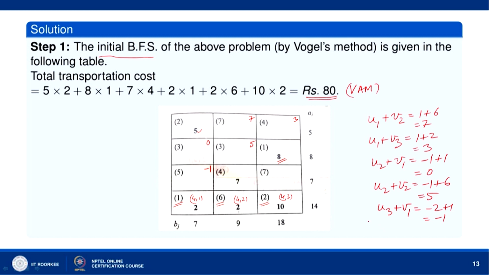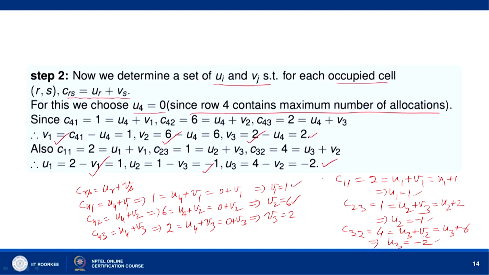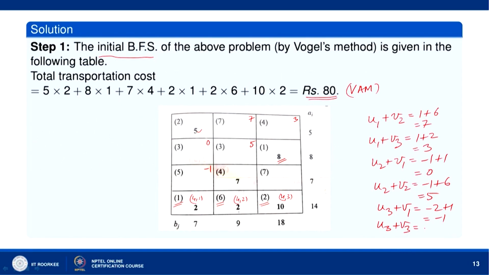The next unoccupied cell is u3 plus b3. u3 equal to minus 2, b3 equal to 2. So minus 2 plus 2 is equal to 0. So we get 0 here, and then they are all occupied cells.